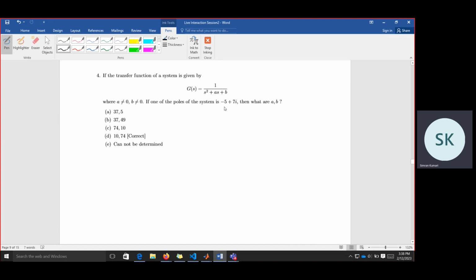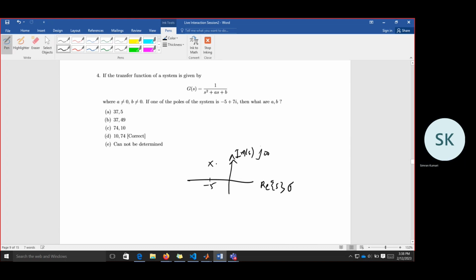Okay. So if this is one root, this is the S domain, no? In the S domain, this is the root, -5 plus 7i. This is -5 on the real part of S, and this is the imaginary part of S, or you can say sigma and j omega axis.